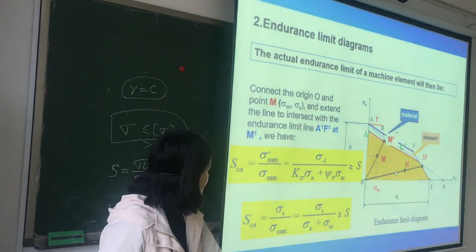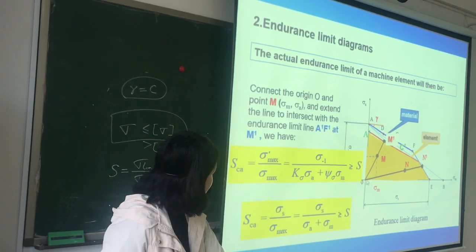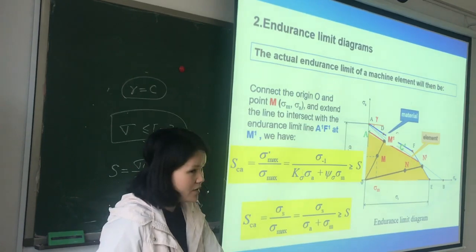So there are two conditions, the M point and the N point. If we connect the origin O and the point, if it intersects with the line A1, N1, we use this equation.